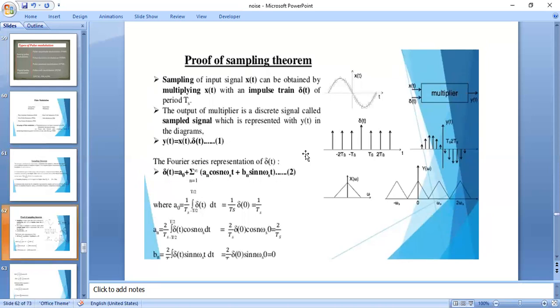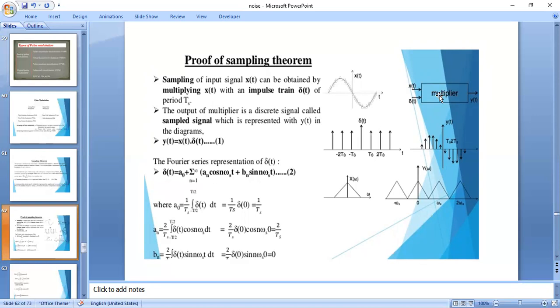Here we are considering an example. x of t is a message signal, or what we call a continuous signal. We have to convert the signal into a discrete time signal by sampling.